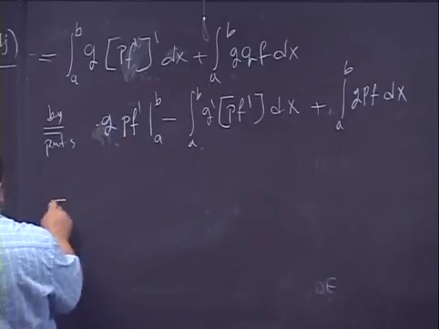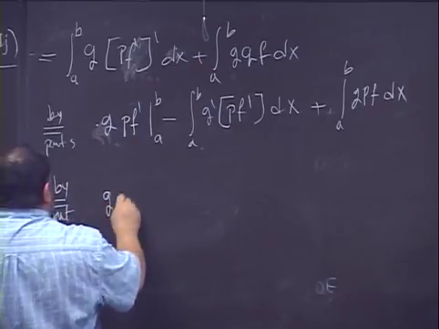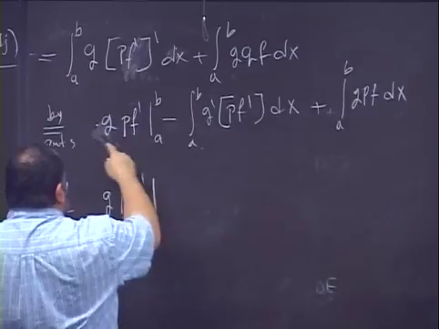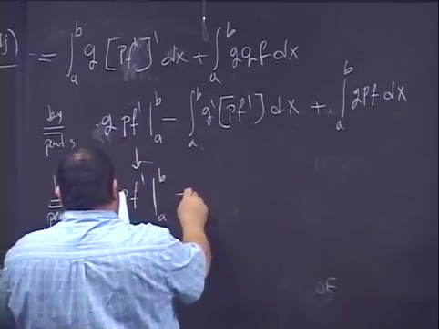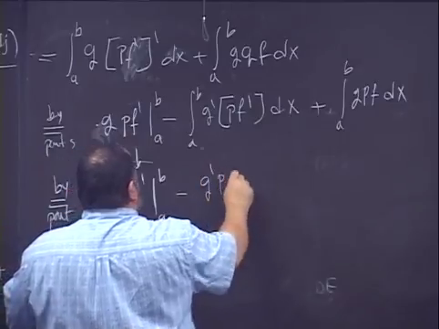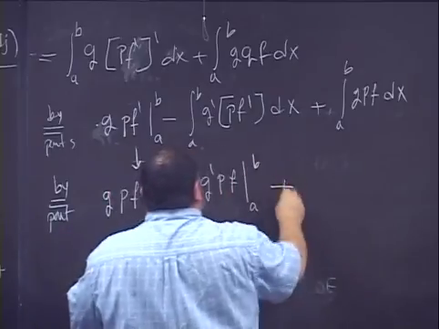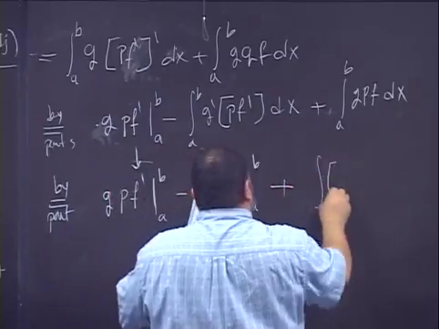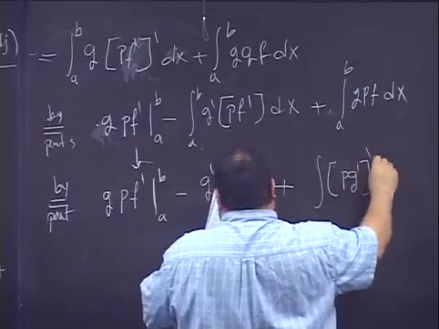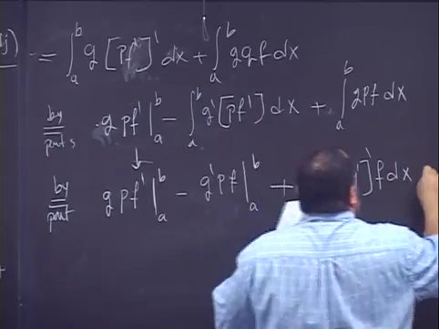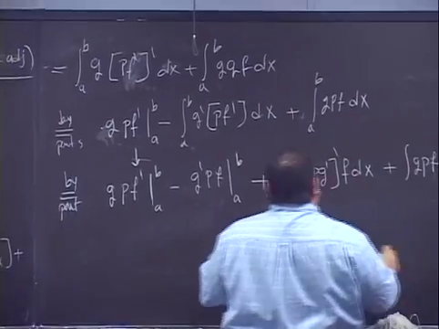The integration by parts again will give us G P F prime, which will go down here, minus G prime multiplied by P F from A to B, plus the integral of P G prime, all prime, multiplied by F dx, plus G Q F dx.